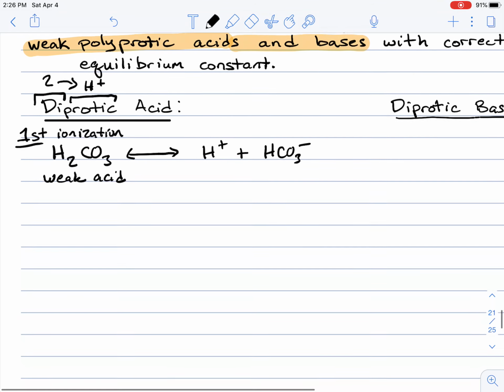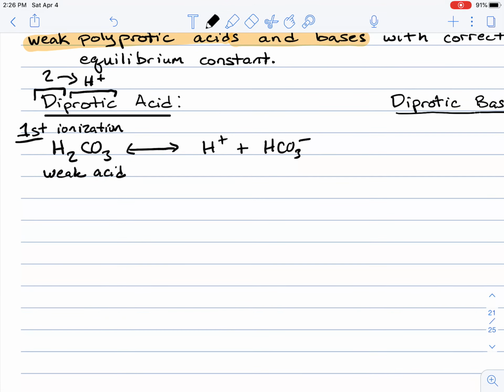This chemical equation represents the first ionization of carbonic acid. Now, notice that the second product, bicarbonate, still contains another ionizable hydrogen. So we're going to learn how to write the second ionization step.